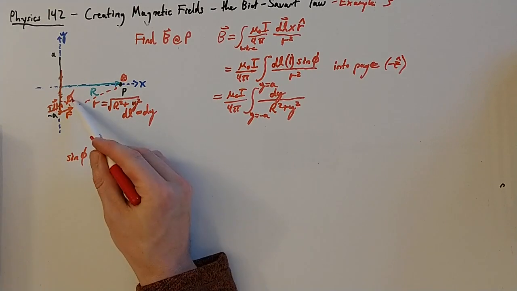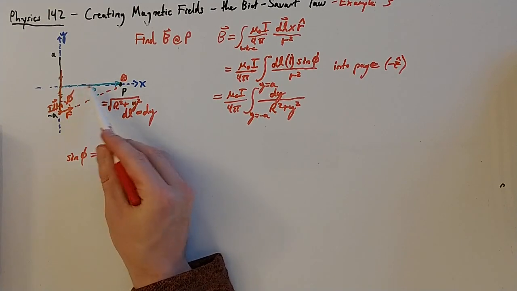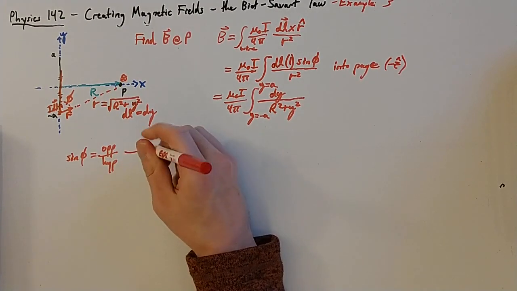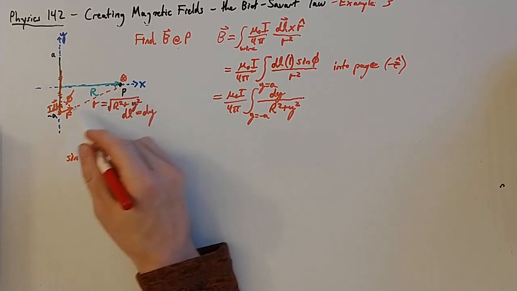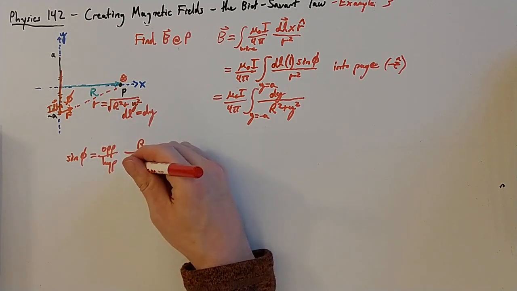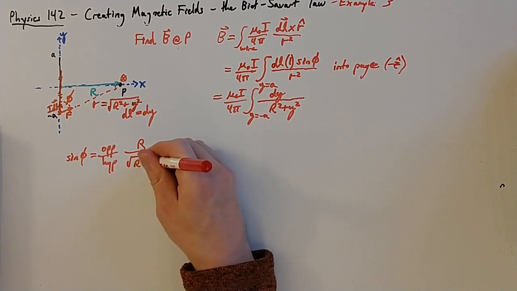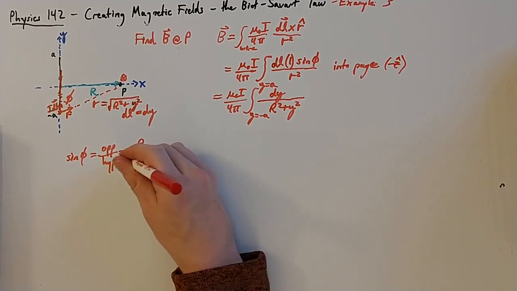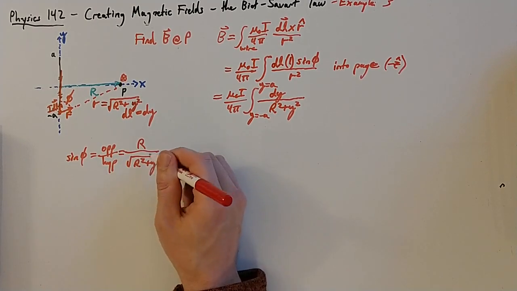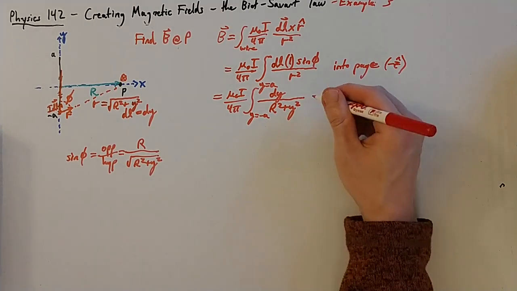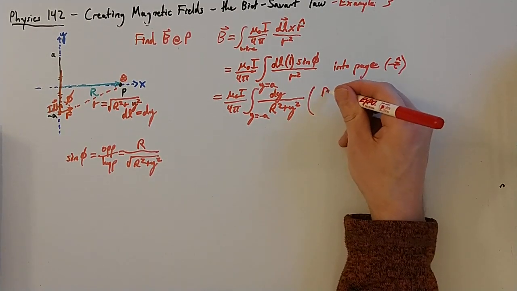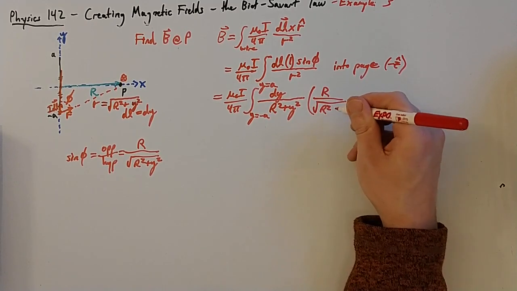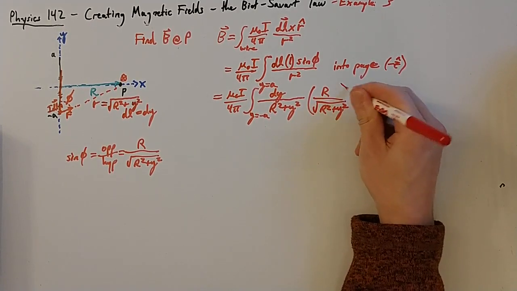And so if this is our angle phi, the opposite side here has length R, and the hypotenuse, we just figured out, is this length little r, the square root of R squared plus y squared. So that's an expression that tells us what sine phi is, so we can put that in over here. So this is R over the square root of R squared plus y squared.